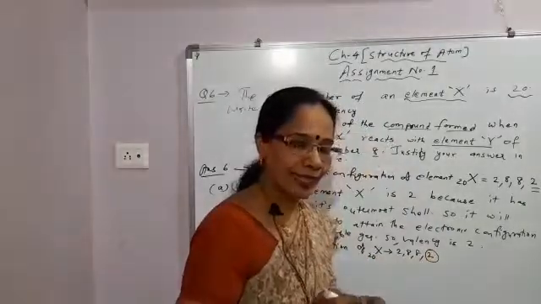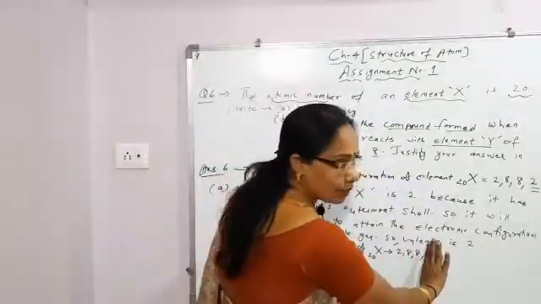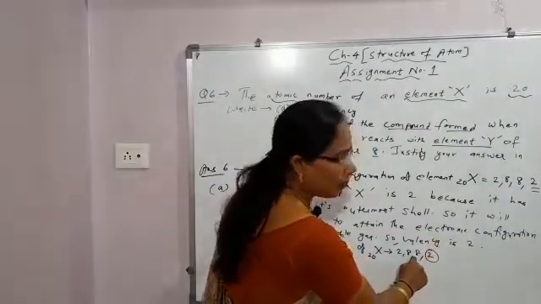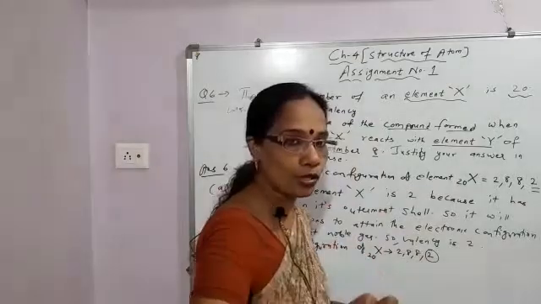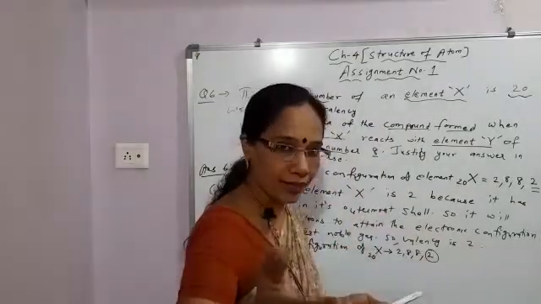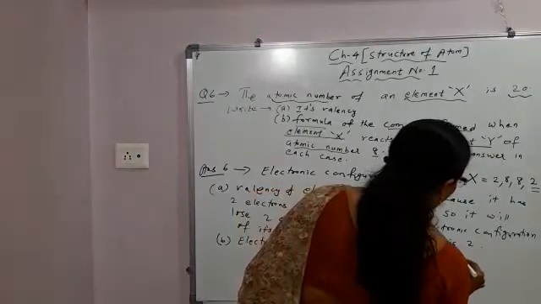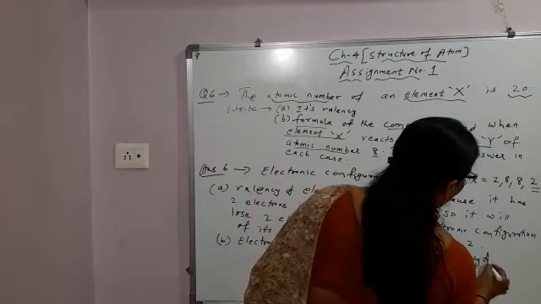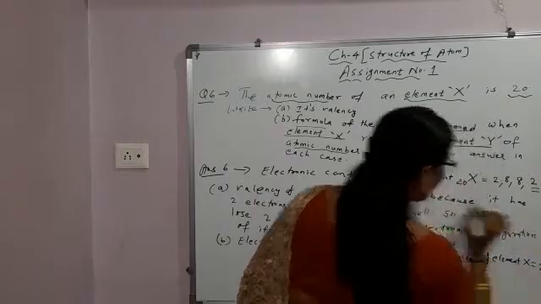What will it do to attain the electronic configuration of nearest noble gas? It will lose its 2 electrons. So outermost becomes like 8, like nearest noble gas. So how many electrons is it losing? 2. So what is its valency? 2. So valency of element X is equal to 2.